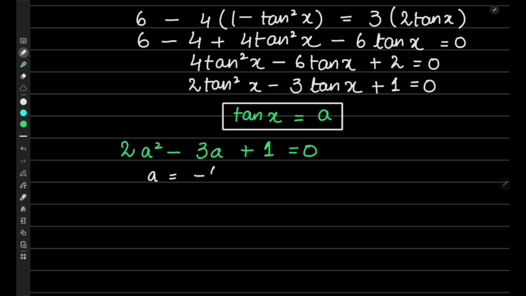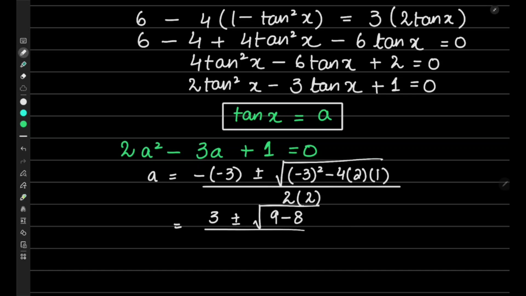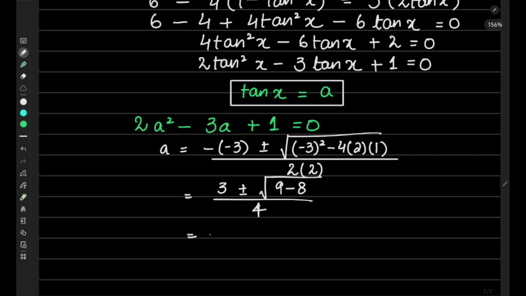a will be equal to minus of minus 3 plus minus the square root of b square minus 4ac over 2a, that will give you 3 plus minus the square root of 9 minus 8 over 4, that gives you 3 plus minus 1 over 4.